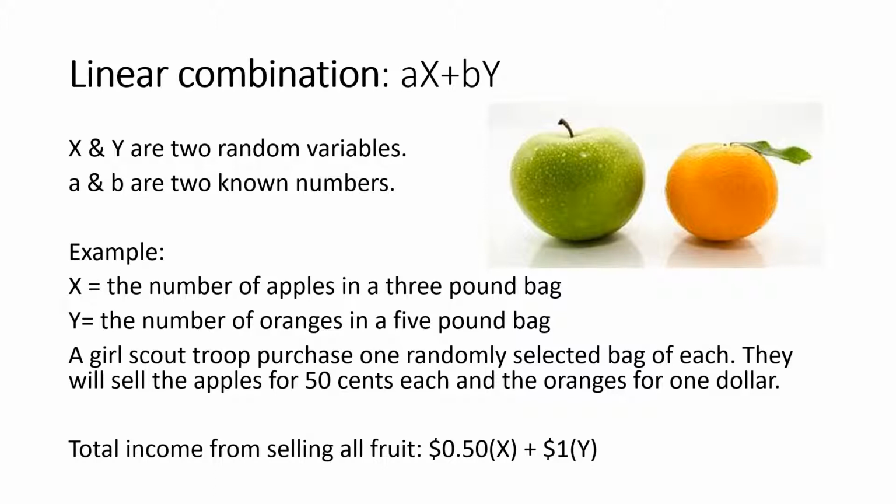For example, if x is the number of apples in a 3-pound bag, and y is the number of oranges in a 5-pound bag, a Girl Scout troop purchases 1 randomly selected bag of each type of fruit, and they're planning to sell the apples for 50 cents each and the oranges for $1. The total income from selling all of the fruit is going to be 50 cents times the number of apples in the bag, plus $1 times the number of oranges in the 5-pound bag.